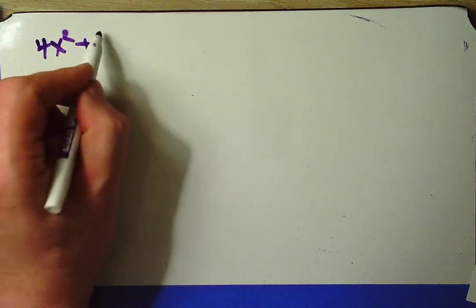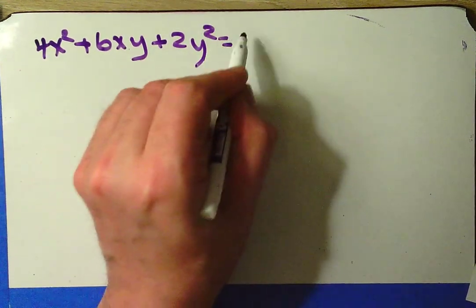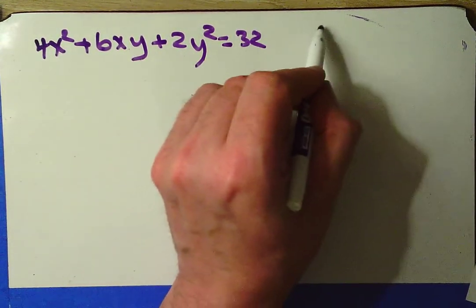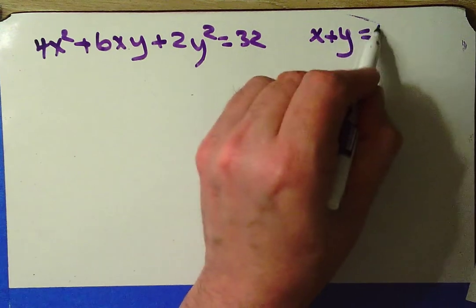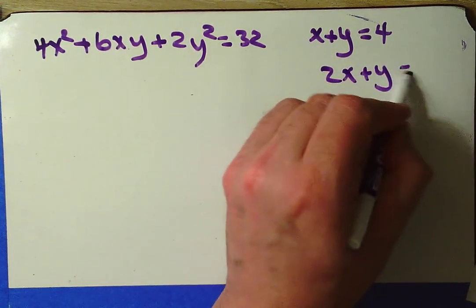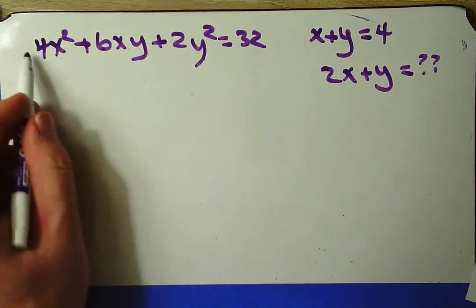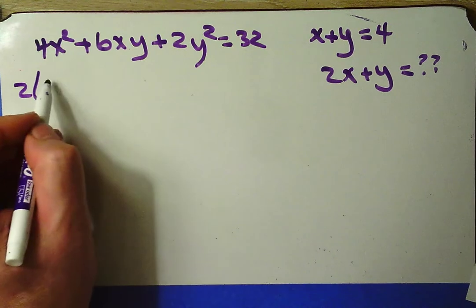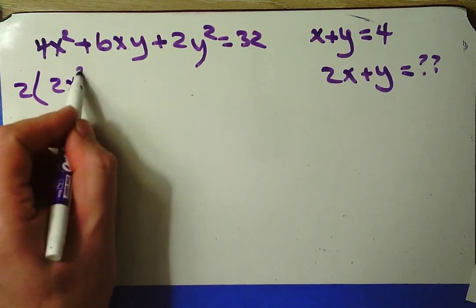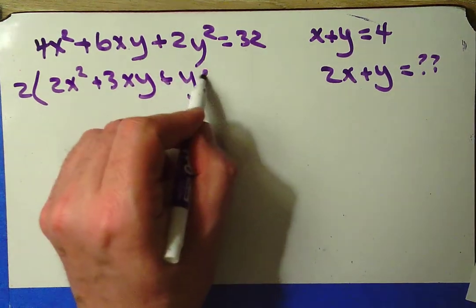Look, they told us that 4x squared plus 6xy plus 2y squared equals 32. And they told us that x plus y was equal to 4. And they asked us, what's 2x plus y going to be? So I said I'm going to factor the left side by factoring out a 2 and have 2x squared plus 3xy plus y squared.